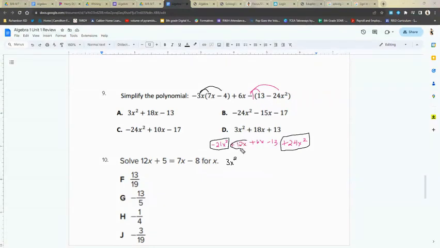I'm going to circle these because they're not the same as the x squareds. And I know that 12x plus 6x is going to be 18x. And then we're going to have minus 13. So now you just have to find the correct one, and that is it.